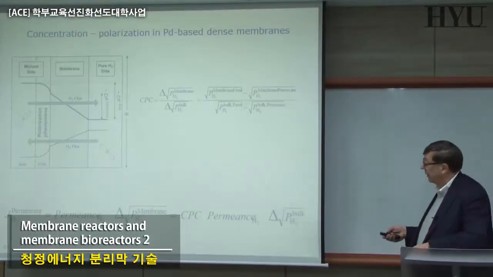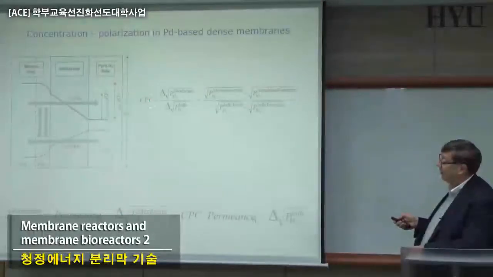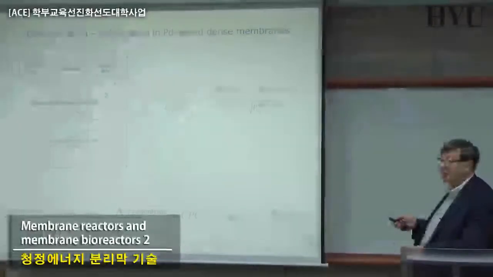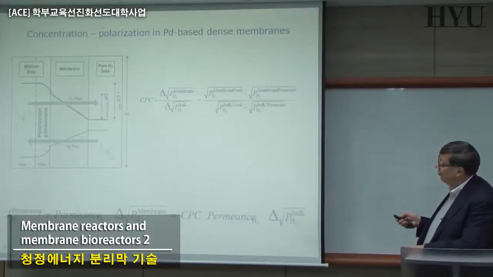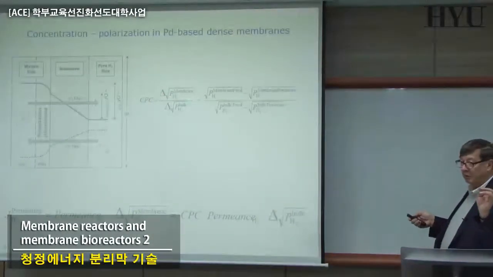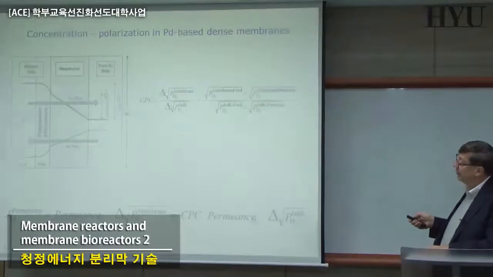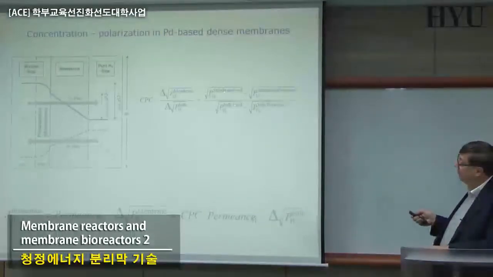That's the same kind of expression. We can introduce a concentration polarization coefficient, which is nothing more than the ratio of the square root of, remember that we are using the Sievert equation, the pressure of the hydrogen at the membrane side divided by the one in the bulk, so membrane feed, bulk feed, membrane permeate, bulk permeate on both sides.